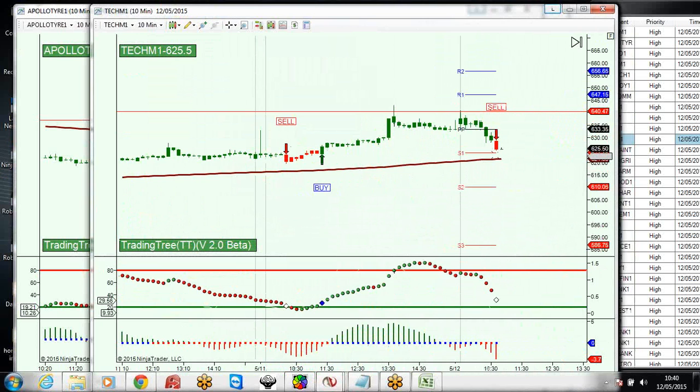Better avoid this unless it makes a crossover, crosses this brown line. So we'll just wait on that.